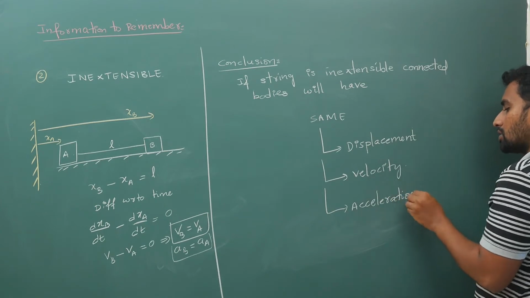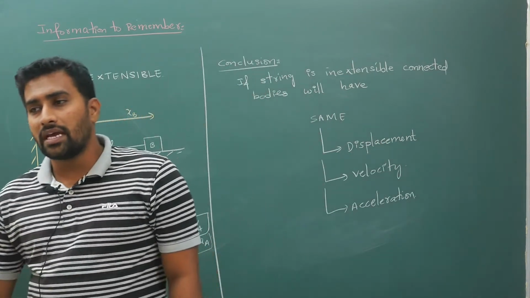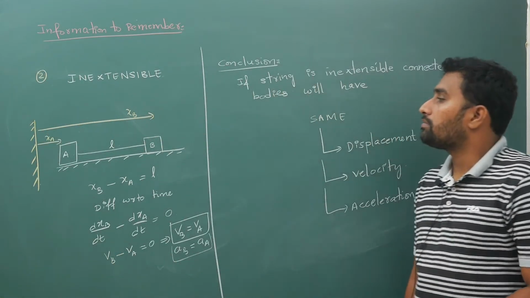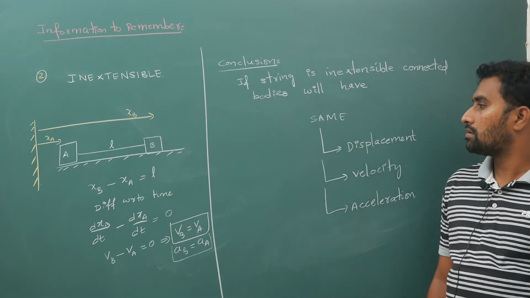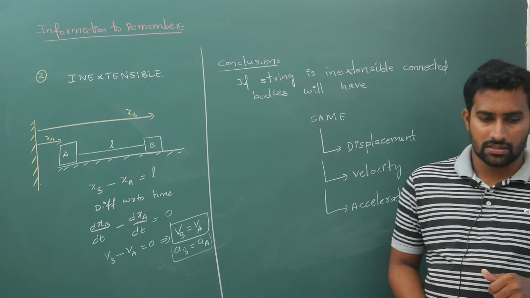All those bodies which are connected to that inextensible string will have the same displacement, velocity and acceleration. Please do copy it down. If the string is inextensible, remember this.